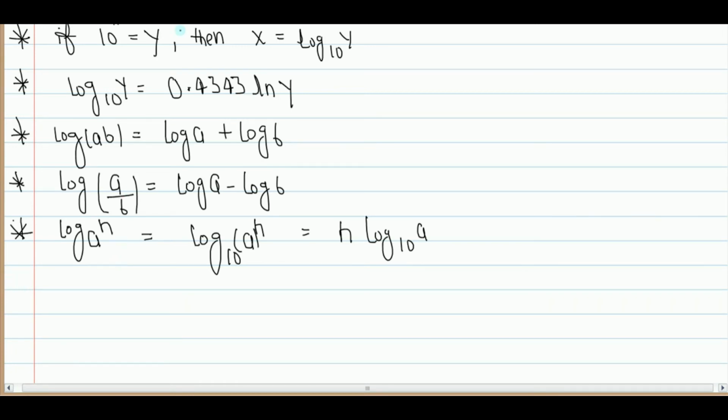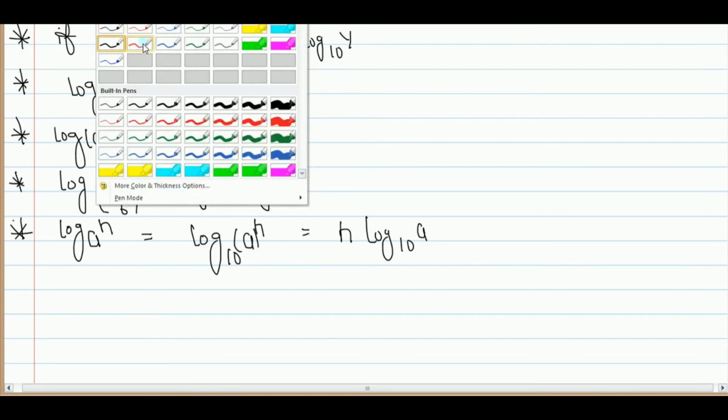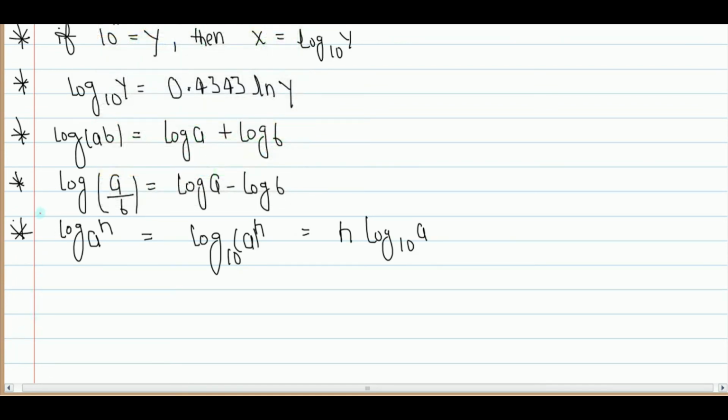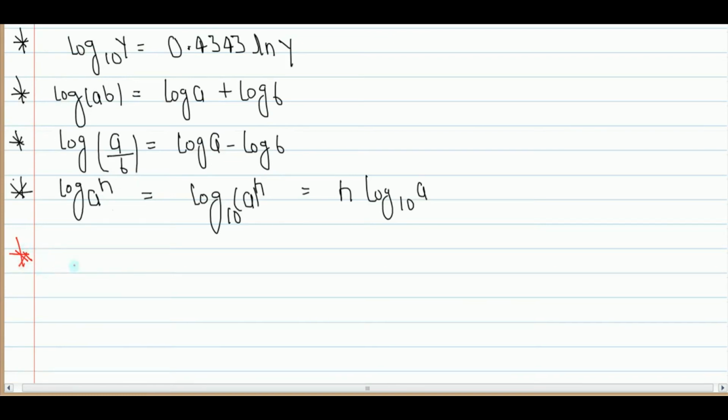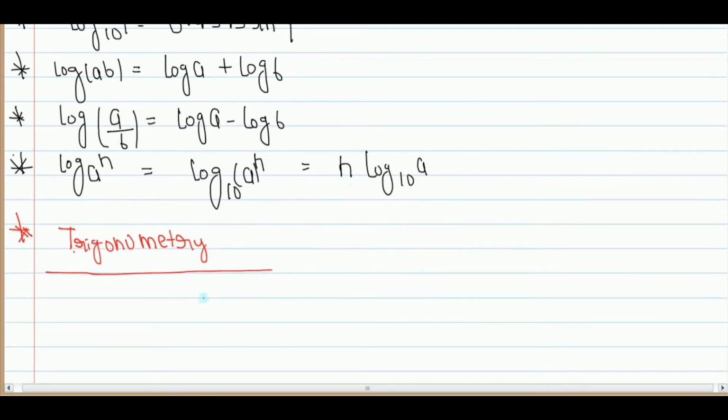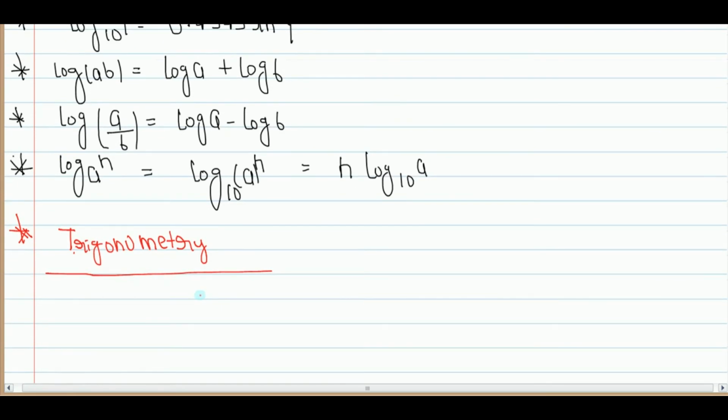So now we are going to move on to learning trigonometry. Till now we have learned about the exponential function and the logarithmic function.